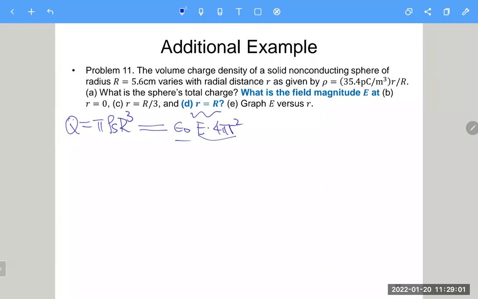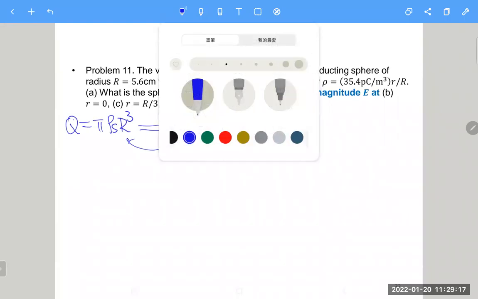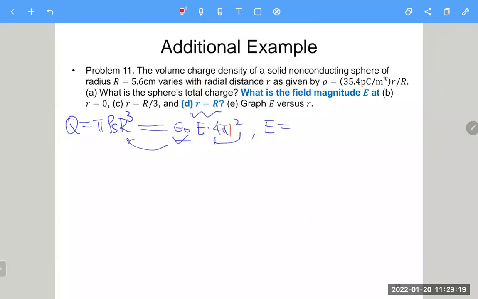Actually, we can just move these terms over. We will get E to be, sorry, this is capital R squared. This is capital R squared. Capital R squared.